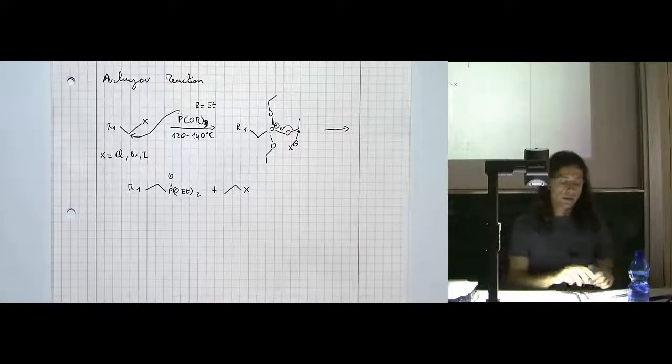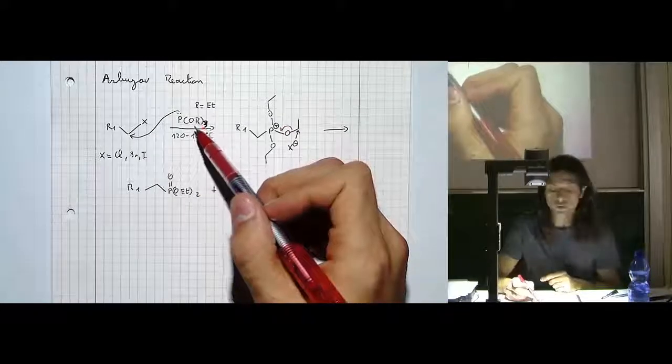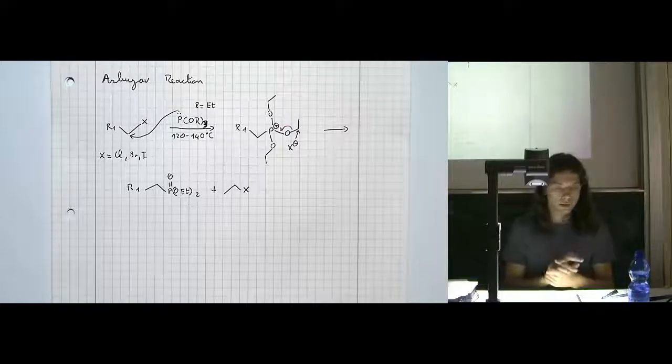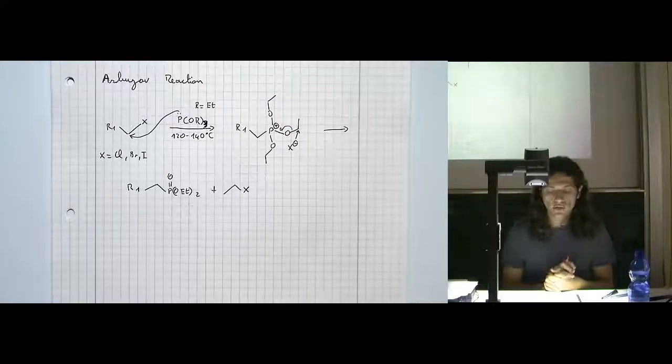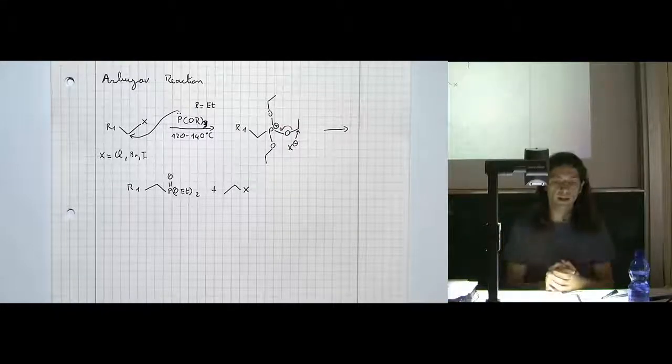So this reaction is very nice because the triethyl phosphite is used in a huge excess, but this is not a problem because this reaction takes place quantitatively, and at the end the excess can just be pumped out, and then the purification is quite straightforward.